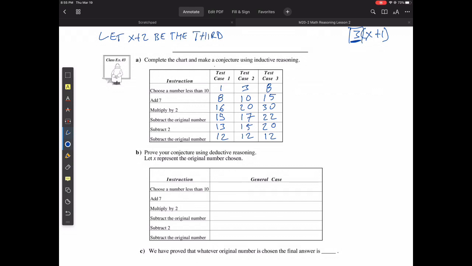Well, what's my conjecture for everything that I can see here using inductive reasoning? If I follow this process, the final answer will always be 12.